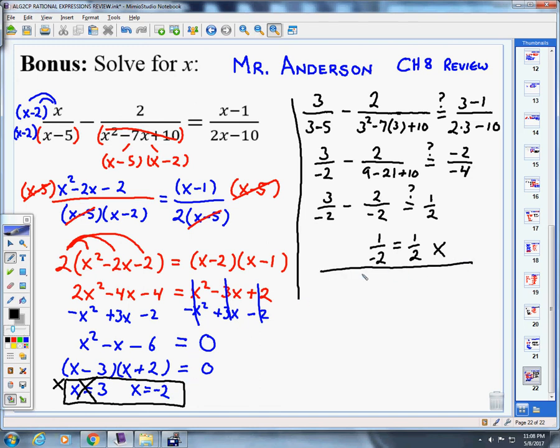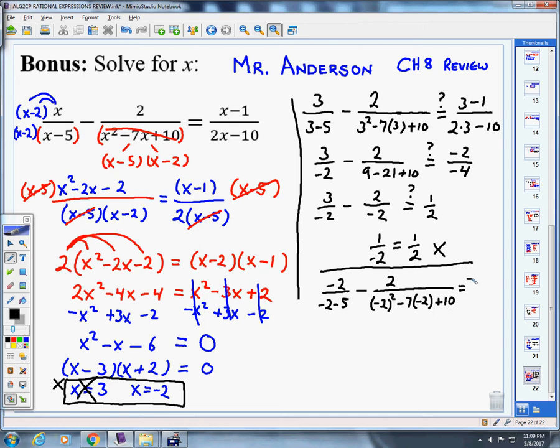All right, so I want to check this one. So I've got negative 2 over negative 2 minus 5 minus 2 over negative 2, make sure and put that in parentheses, negative 2 squared minus 7 times negative 2 plus 10.